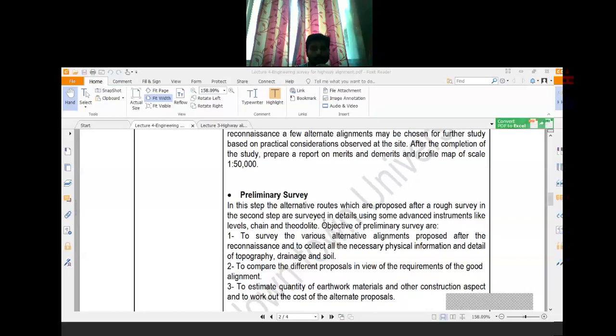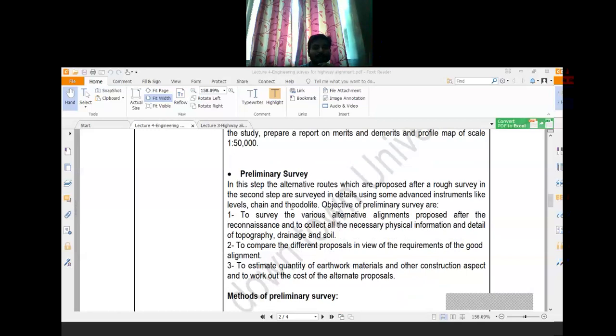The objective of the preliminary survey is to survey the alternative alignments proposed in the previous step, the reconnaissance survey, and to collect the necessary detailed information. After that, you have to compare the different proposals in view of the requirements of a good alignment.